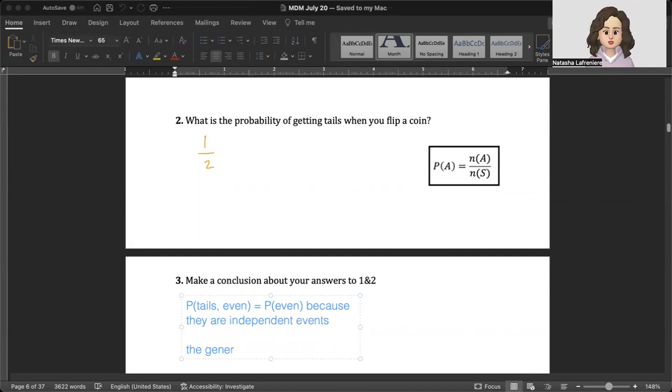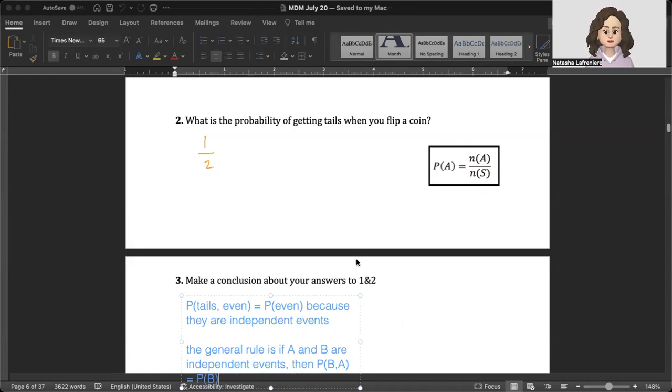So the general rule is if A and B are independent events, then P of A given B is equal to P of A. And that's where we see this here.